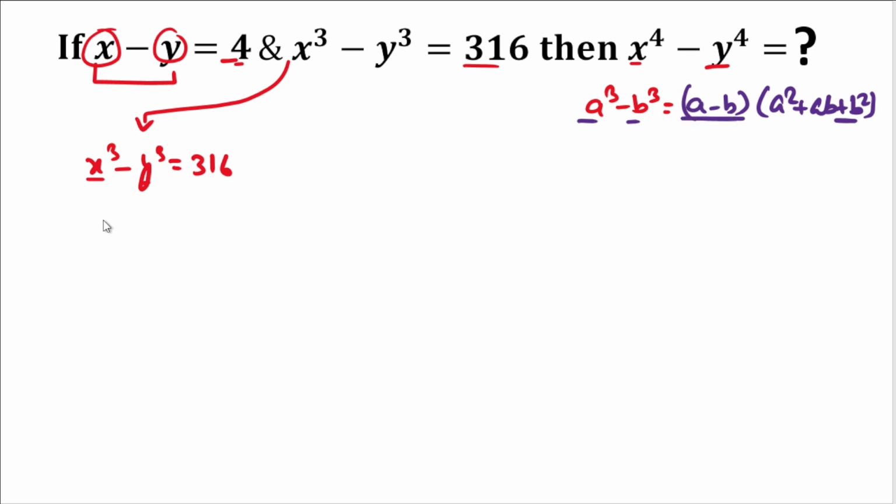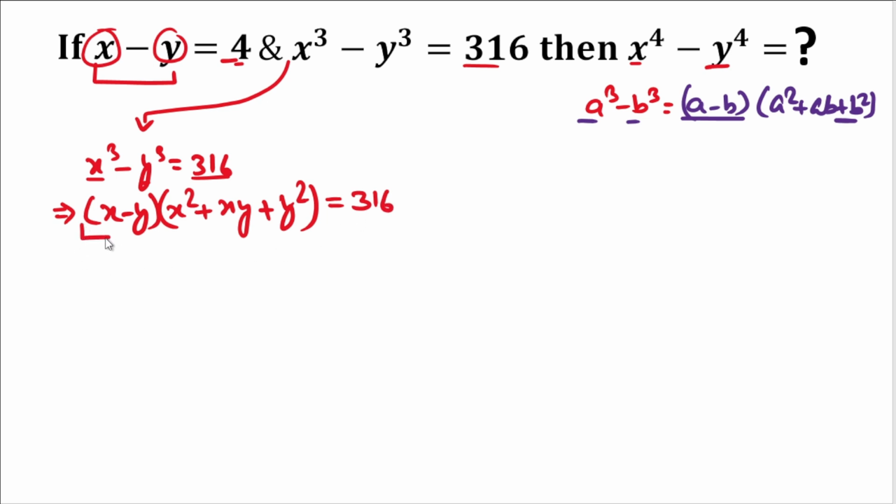So we'll use this formula here: x minus y in one bracket, multiplied by x square plus xy plus y square, and the value of this is 316. Now we'll put this value over here. The value of x minus y is 4, so we can write 4 multiplied by x square plus xy plus y square, and on the right hand side we have 316.